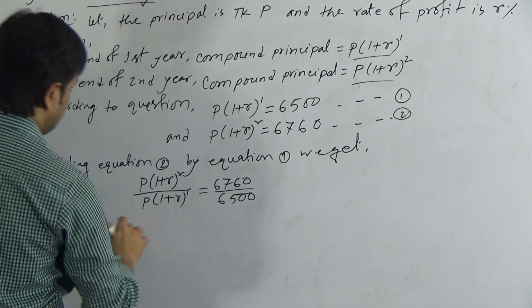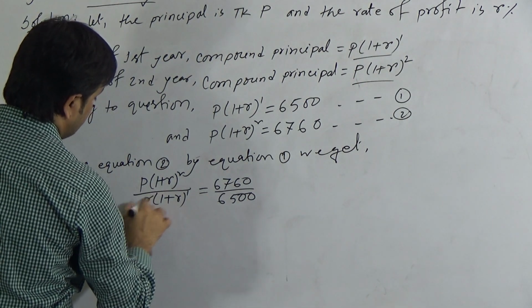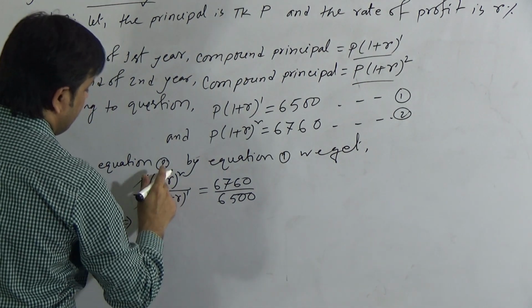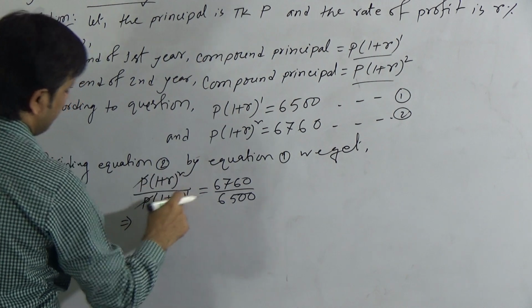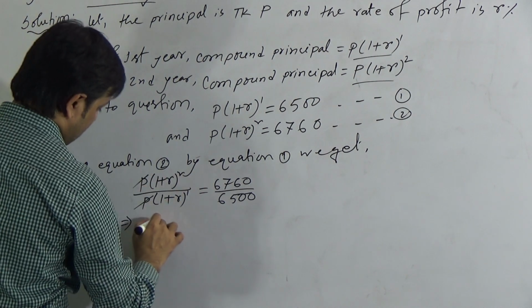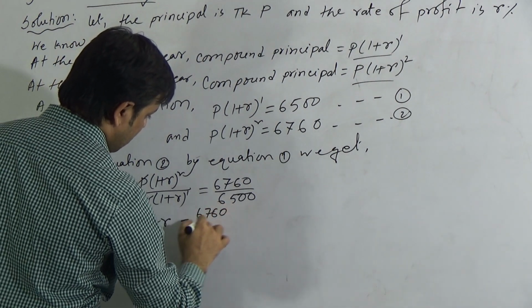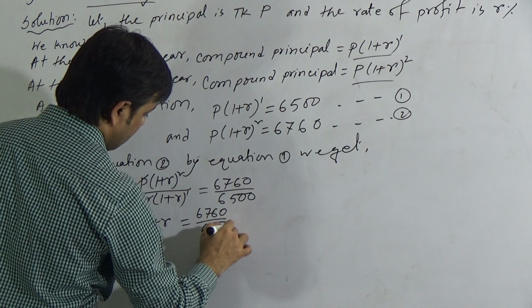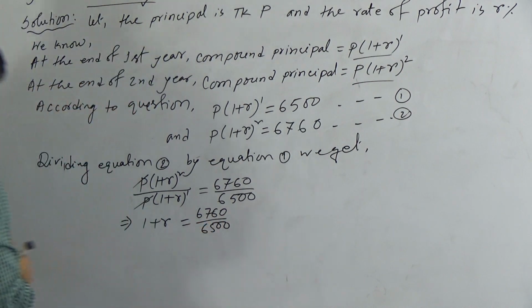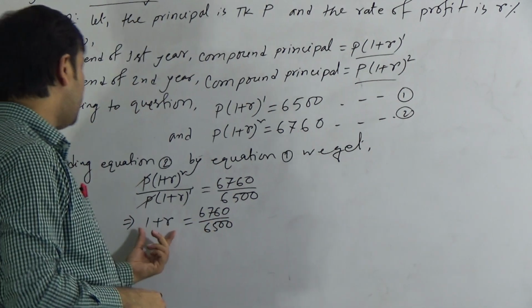This P and P will vanish each other. So if we divide 1 plus r whole square by 1 plus r, we will get 1 plus r, which will be equal to 6760 divided by 6500. Okay, dear students, so we have determined the value of 1 plus r.